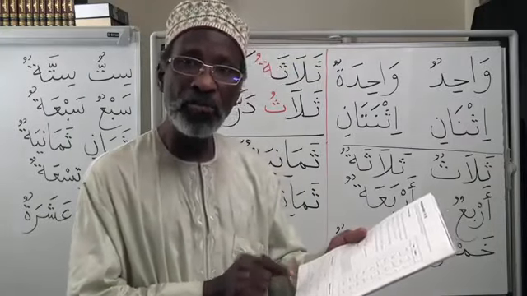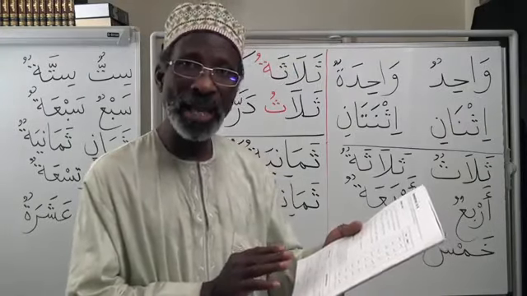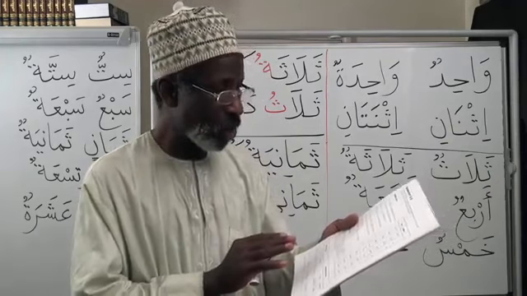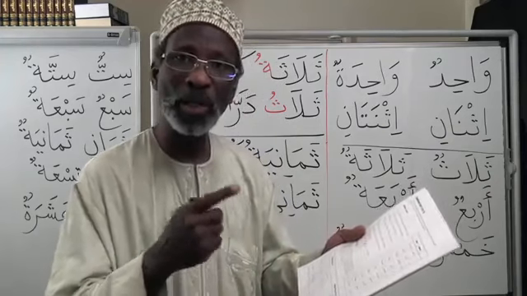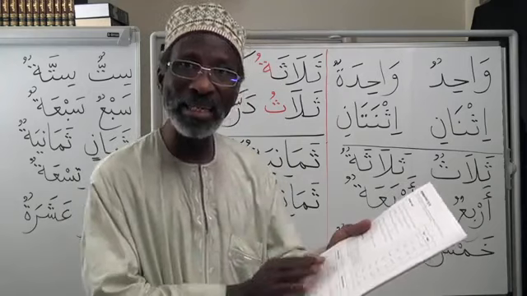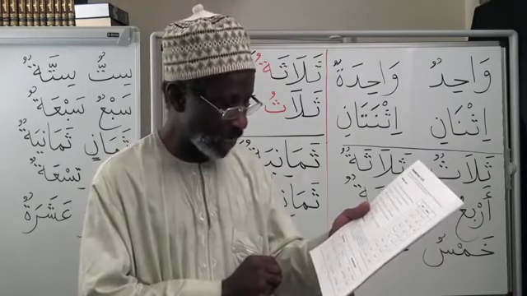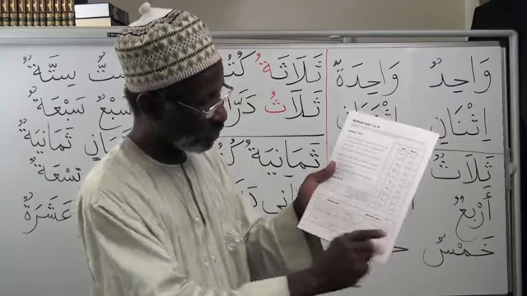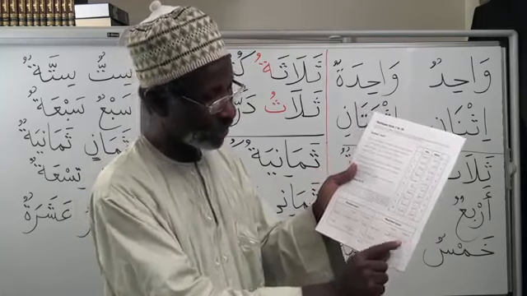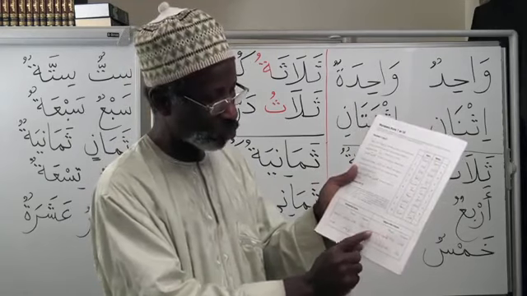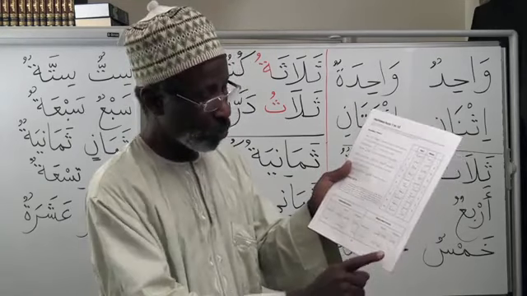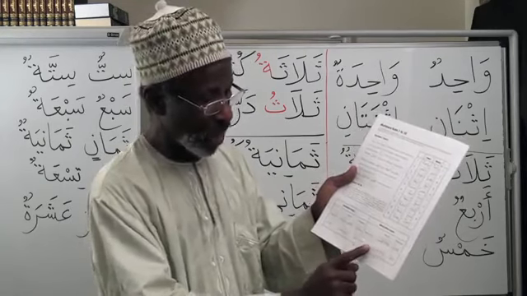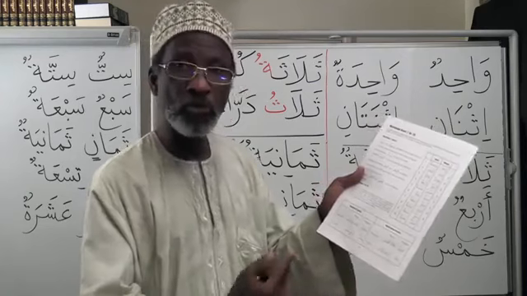Now on page 45, you will see the explanation of how to use number 1 to number 10 clearly laid out for you here. And at the bottom of that page, look at this table. You see kitabun, that's a book, and thalathatu kutubin, 3 books, waladun, arba'atu awladin, 4 boys.